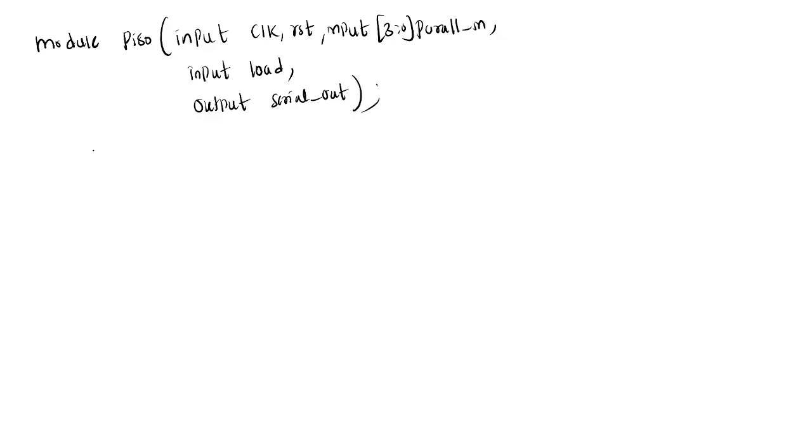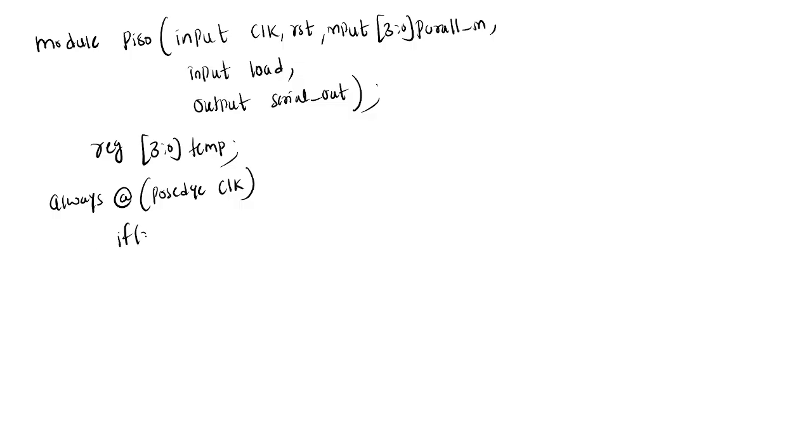Next, what I need to do, I need to declare one temp register, that is reg [3:0], a 4-bit temp register, so that is temp. After that, always @(posedge clock).